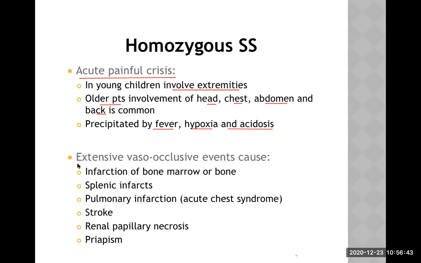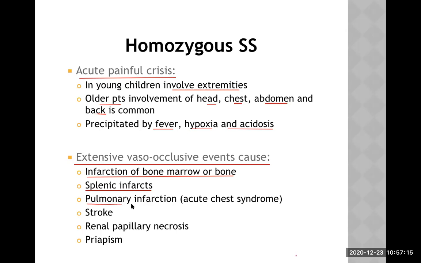Another important clinical feature is vaso-occlusive events in different parts of the body. Vaso-occlusive event means blockage of the blood vessels. It may cause infarction of bone marrow or bone. Again, pain will be there. It may cause splenic infarct, and this is the reason for autosplenectomy. The spleen is already infarcted in different areas, so overall the function of the spleen is severely lost.